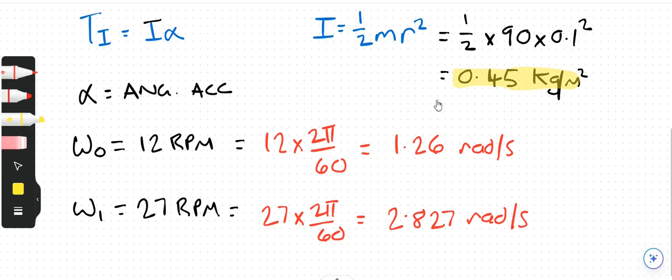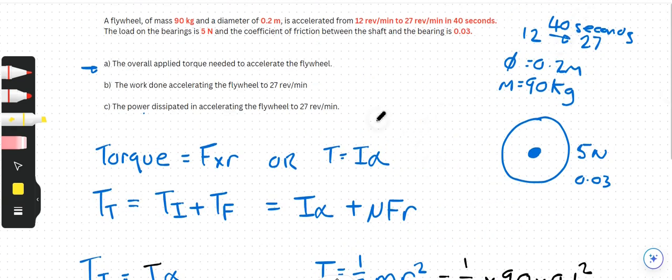So it starts off at that and ends up at that. To find the angular acceleration, it's the change in speed over 40 seconds.